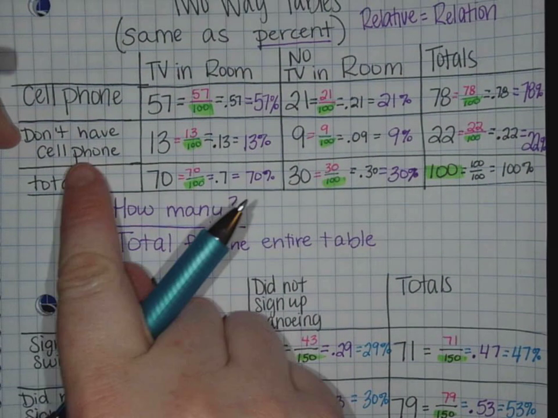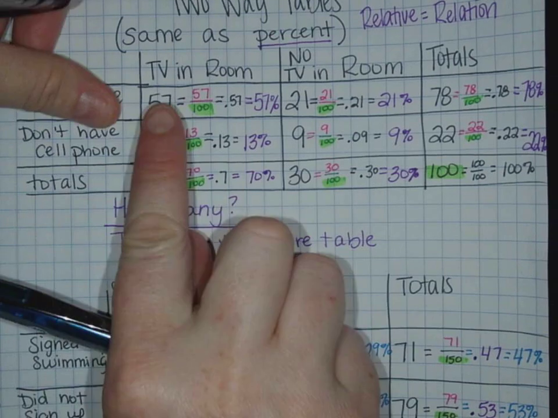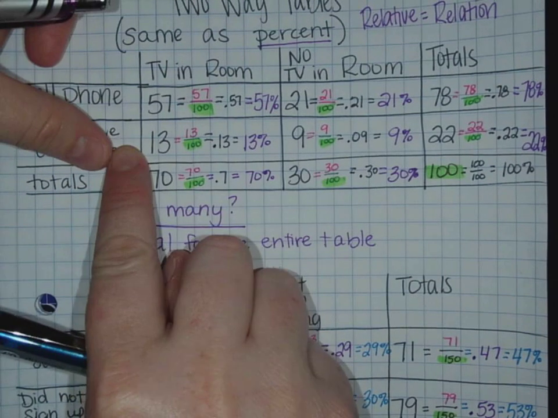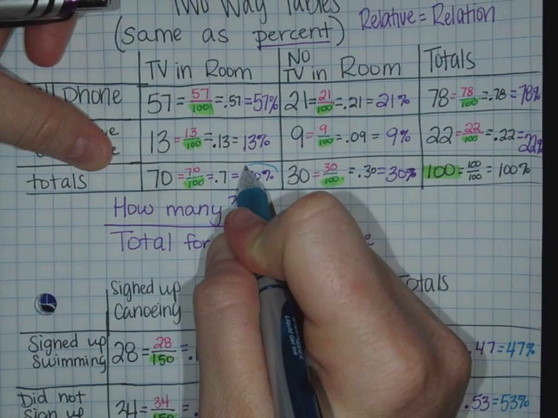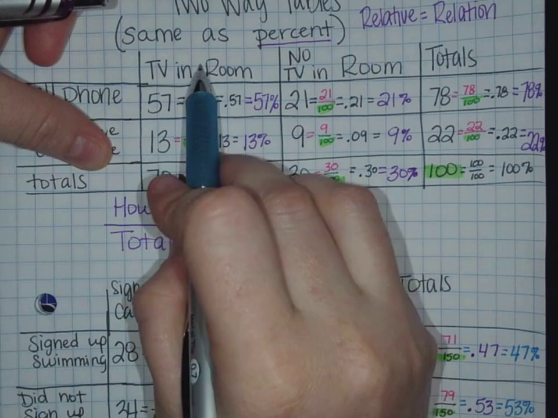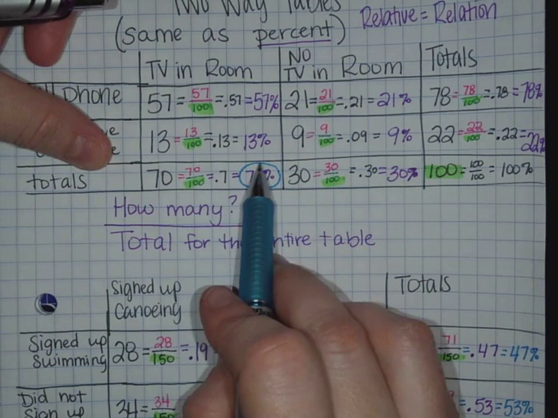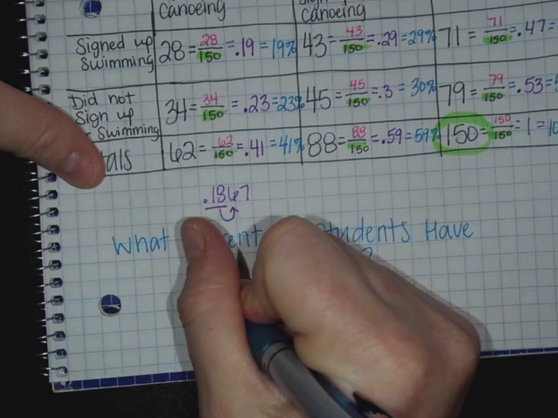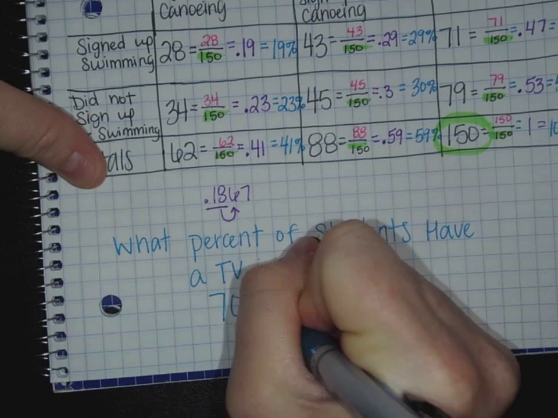Notice it doesn't say anything about cell phones, so we don't care if they have a cell phone or don't have a cell phone. So this would be your answer. The total for the TV in the room is 70%. So you would put 70% as your answer.